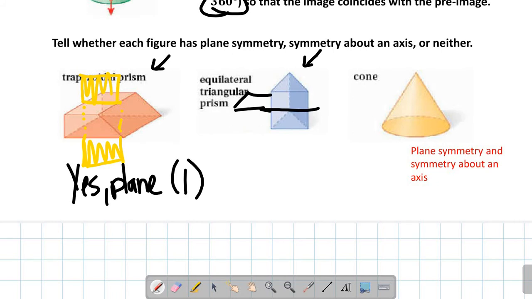And it also has axial symmetry. If I drop an axis down the middle, you have to think of that in 3D, and my rotation is going to be 120 degrees. The cone has plane symmetry if I slice it down the middle, like cutting a cone in half, and it also has rotational symmetry about an axis if I go straight through and rotate.